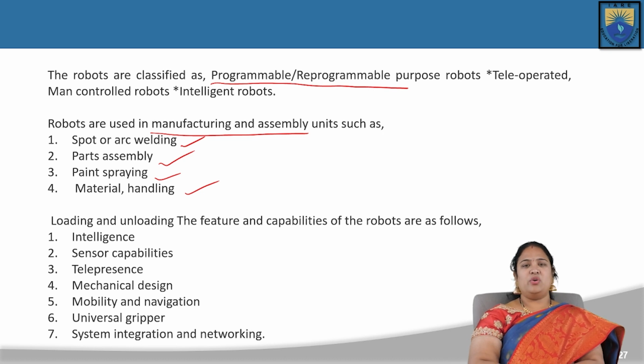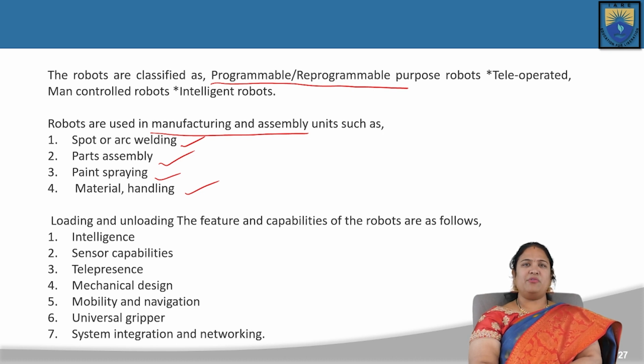So when we are using robots instead of humans, what is happening? The work is being done in a shorter time with high speed and high accuracy. That is, the welding process can be done as the program is given to the particular robot about the welding structure. So it does the work automatically, right?